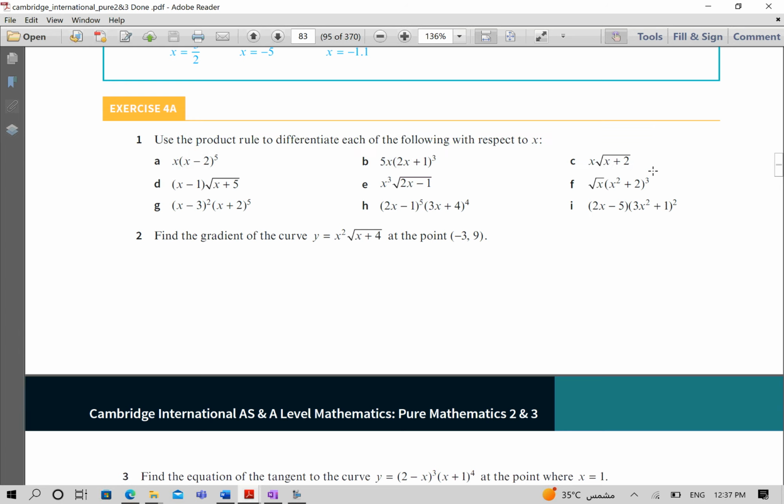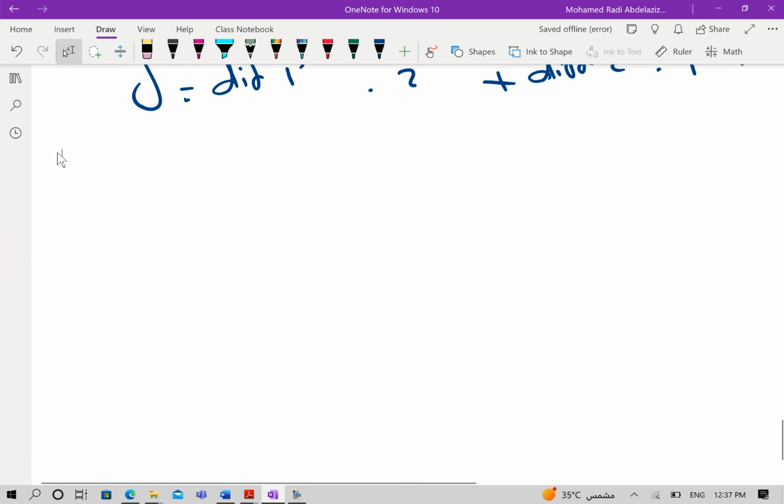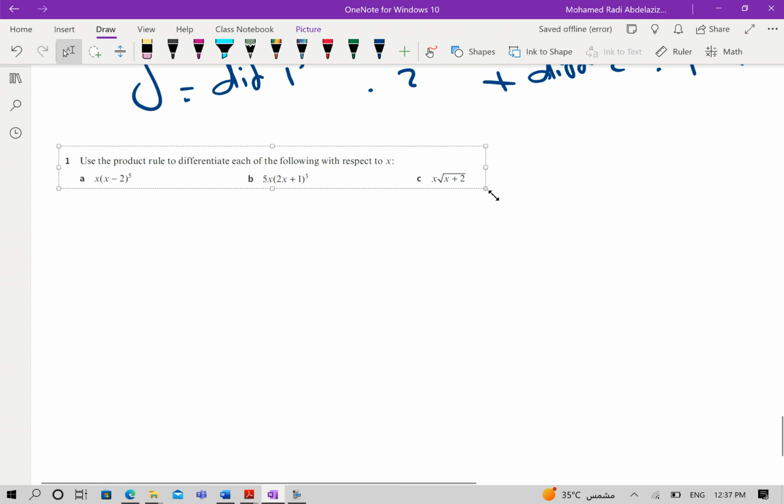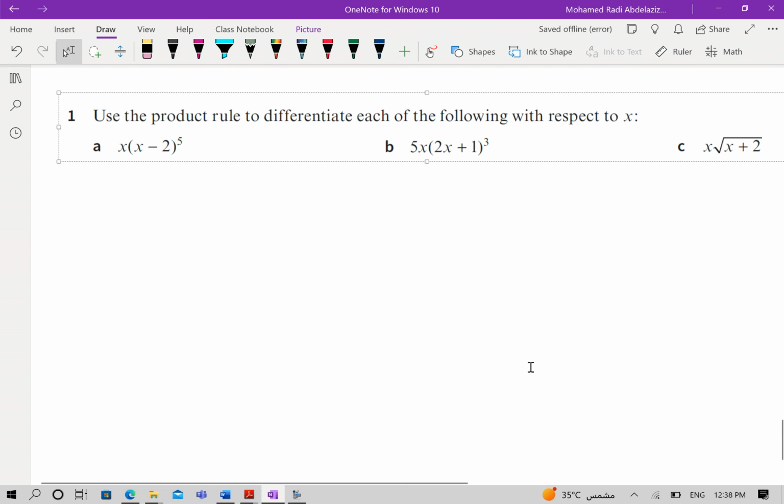Use the product rule to differentiate. We have a product of two functions by looking at parts A and C. Part A first.